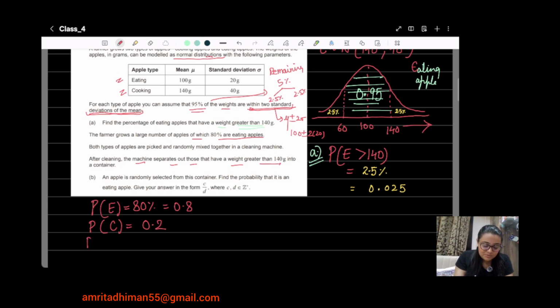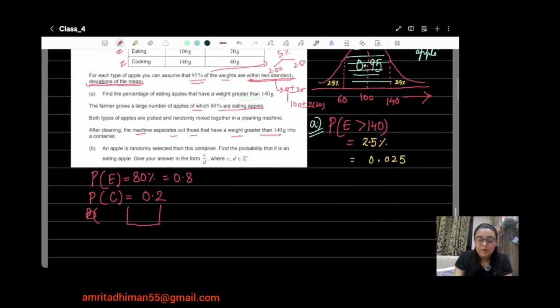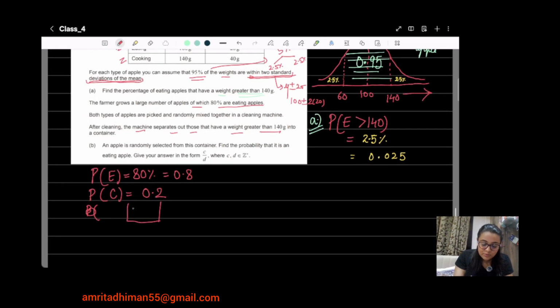So that means after cleaning, we have one container and we put those apple whose weight will be greater than 140, right? In this container we have put those apple whose weight will be greater than 140.